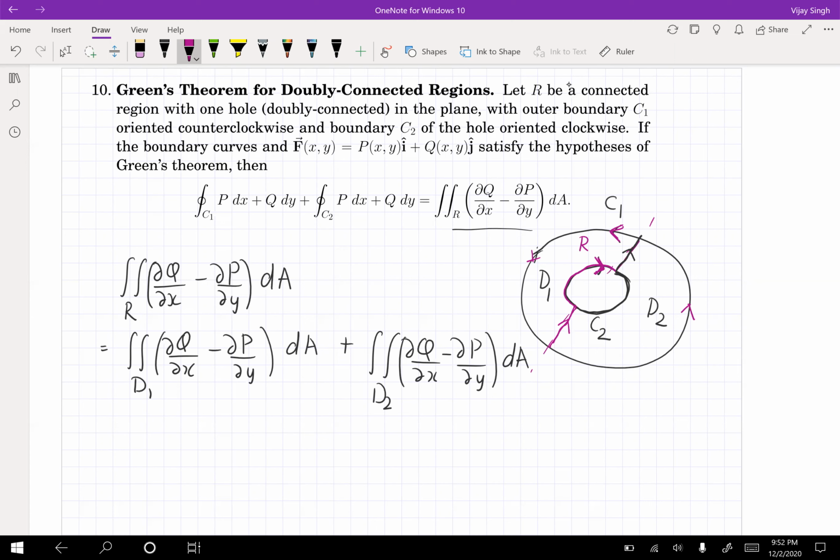For this one, it's counterclockwise too, but it will coincide with this direction for the other part. Okay, so we have the following. Let's give these pieces of curve some names.